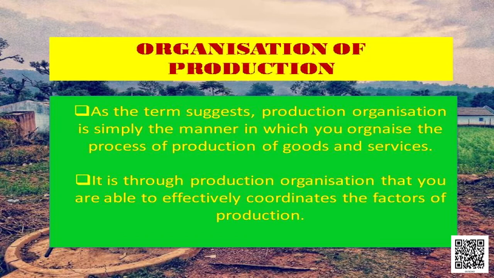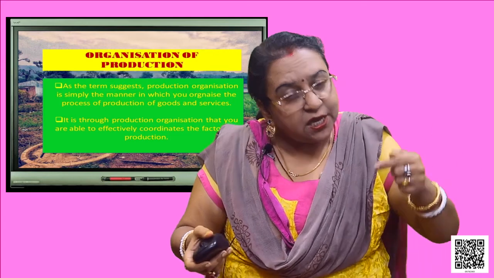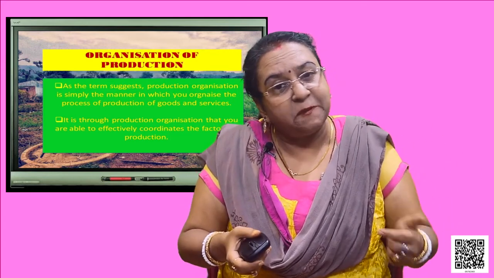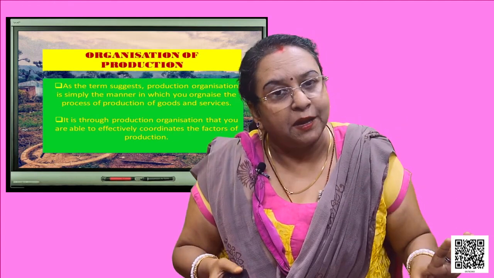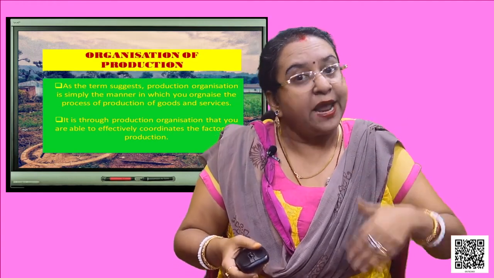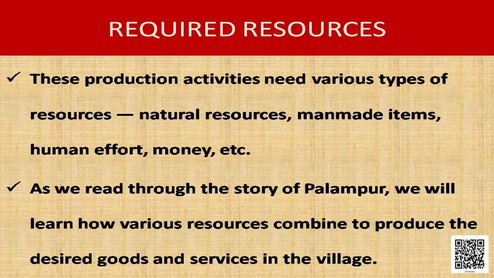So when you are coordinating them, when you are assembling them by using human skill, experience and knowledge, then only your finished product will come up. So next we will talk about required resources, because first I said that various resources will be there as an input. Okay, let us see that.